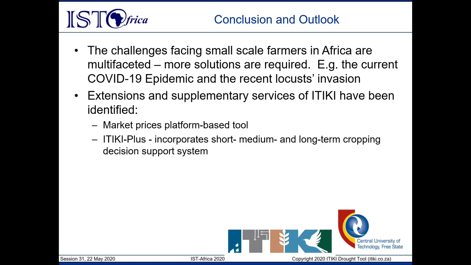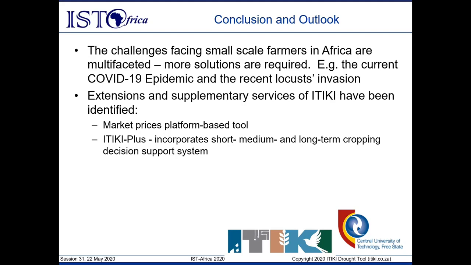In our little sphere, we are trying to expand the ITIKI tool to include other services. Currently, we have almost completed a market price platform, because we realized that even if the farmers produce enough or more than enough and they need to sell it, they have no access to market information.